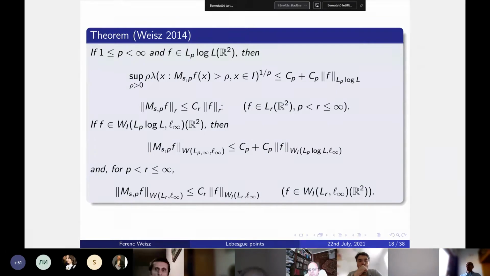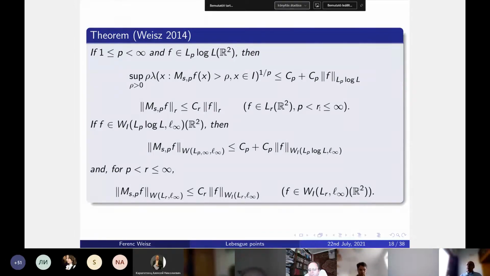But let us see the next theorem. So p is greater than or equal to 1. If r is greater than p, then the strong maximal operator is bounded on the L^r space, as I said before.